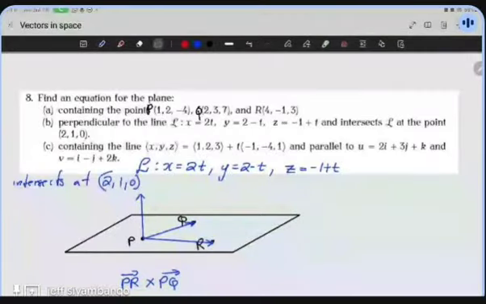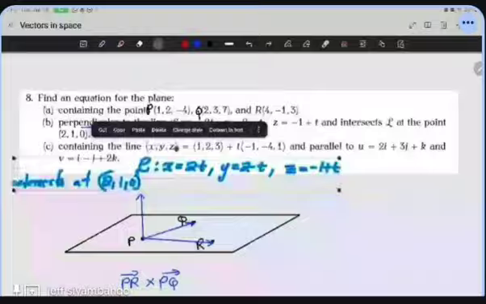So just understand what I'm saying here. We're finding an equation of a plane, and this plane is perpendicular to the line. So it is perpendicular to the line, and it intersects that line at that point. So let's try to understand being perpendicular to a line. What can we learn from that?